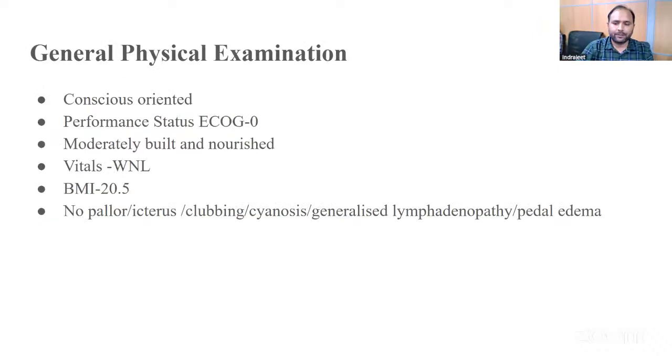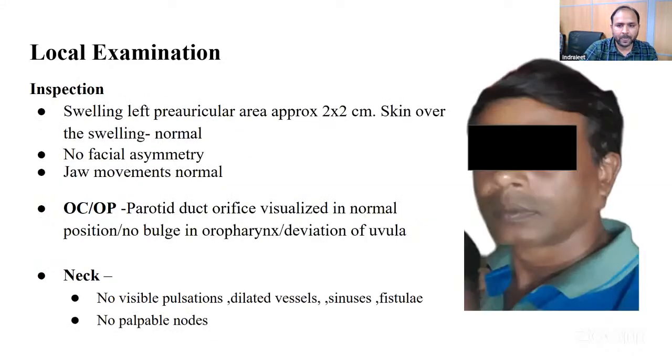On general physical examination, patient was well oriented, alert, performance status of ECOG 0. He was moderately built and nourished. Vitals were within normal limits. BMI was 20.5. There's no pallor, cyanosis, clubbing, edema, or generalized lymphadenopathy. On local examination, there was swelling in the left preauricular area.